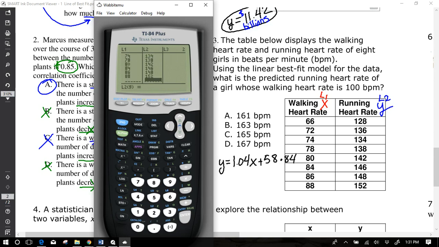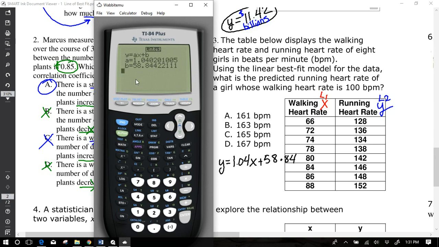Welcome back. I typed in all of my data in L1 and L2, and now I am going to quickly review how I got my line of best fit that I wrote down right here. I simply went to Stat, over to Calc, number 4, and I hit Enter.